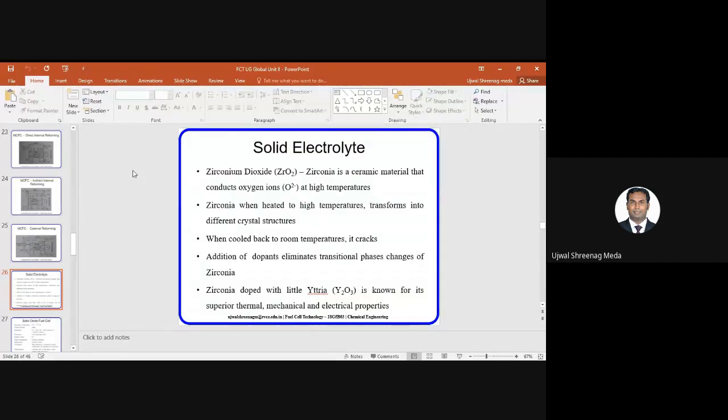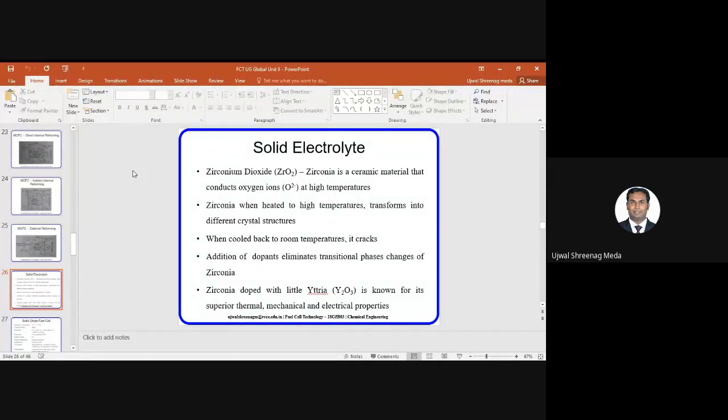And by doping yttria, certain additional features such as superior thermal properties, stability, conductivity, mechanical and electrical properties are obtained.